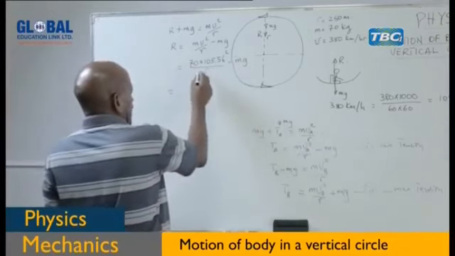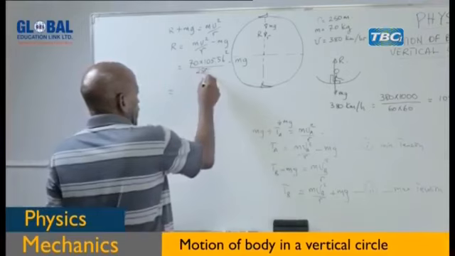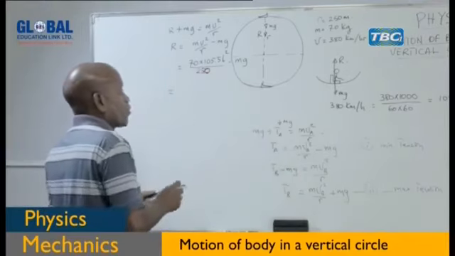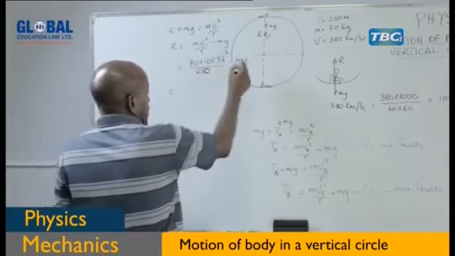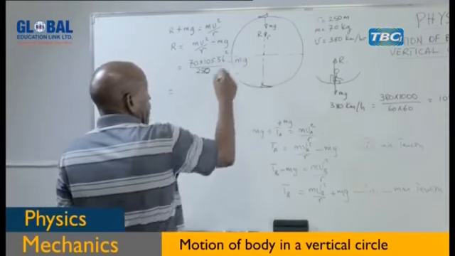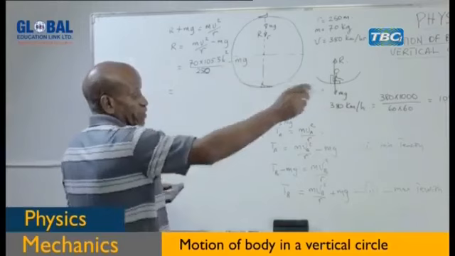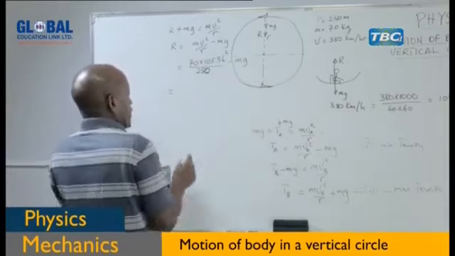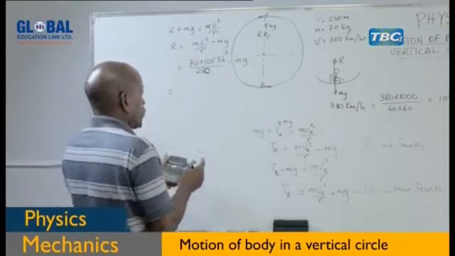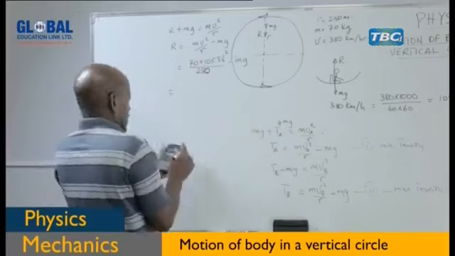So instead of putting r here, this is 250 meters. So we can compute and take the difference. And the mg there is the weight of a person, which is 70 times 9.8.